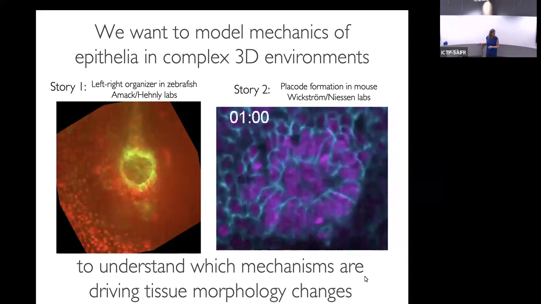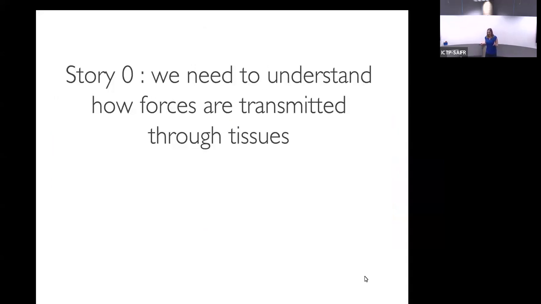Okay. And so the first thing I might want to point out is that if that's our goal, if we want to understand what happens to three-dimensional morphologies in tissues, then we must necessarily understand how forces are transmitted through tissues. And the analogy I talked with some of you earlier about that I really like, I'll attribute it to a biologist, Alain Mongera, who's now at University College London.